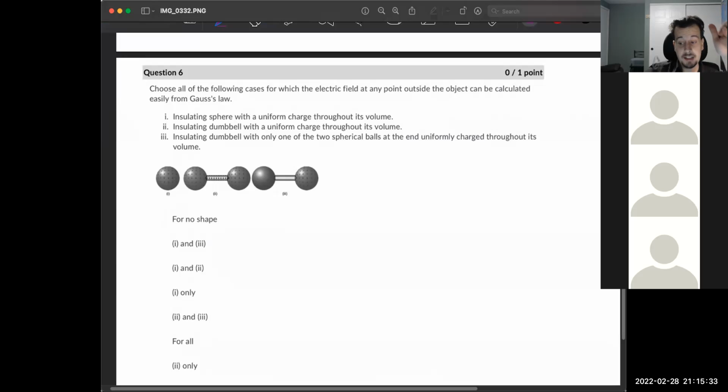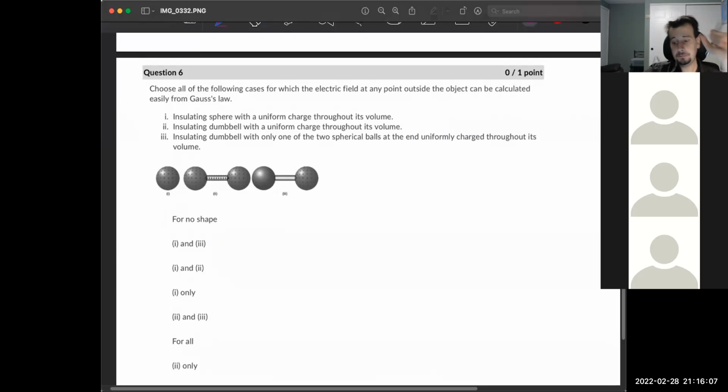But what we can tell from this is that we only focus on the sphere that has the charge. And we go, wait a minute, that's a sphere of charge. That is equivalent to scenario 1. I don't care what's touching that sphere, as long as it's an insulator. If it's a conductor, this kind of messes things up. But I don't care that it's being touched by another insulator. I care that the charge is spherical in nature.